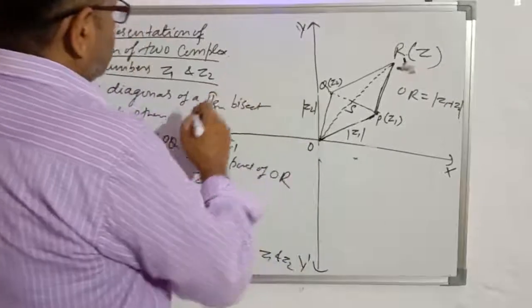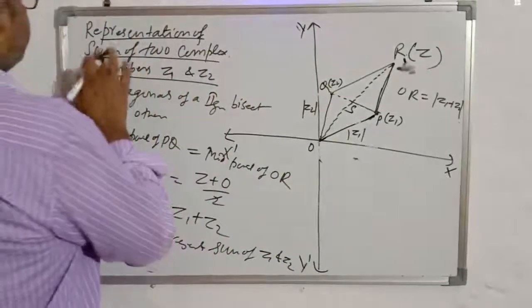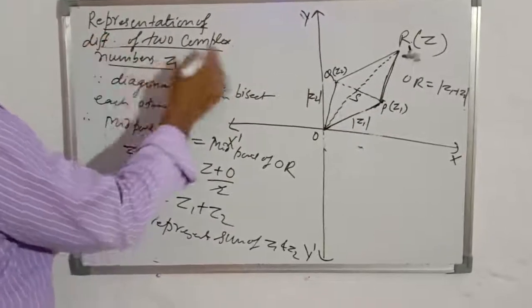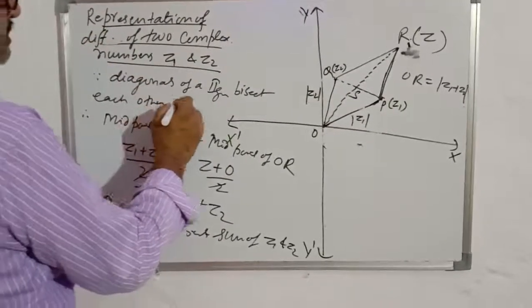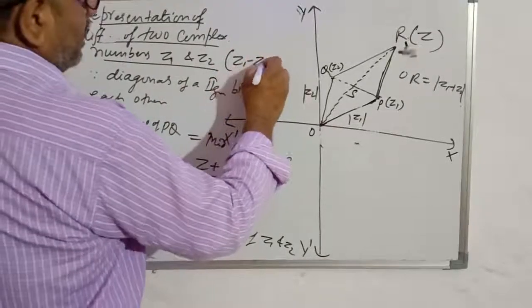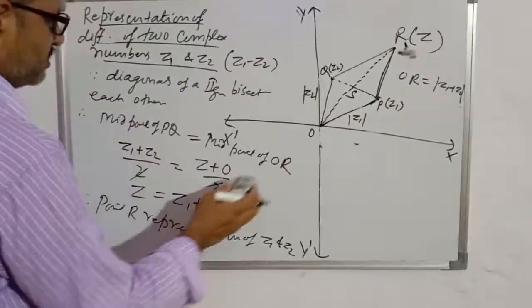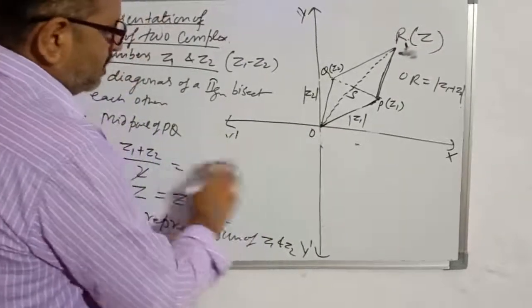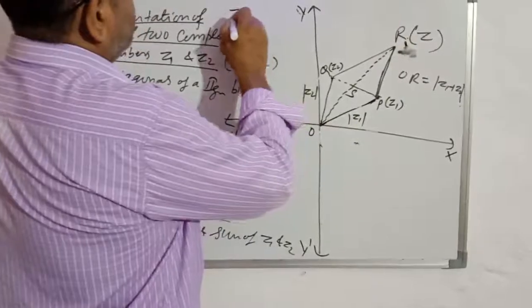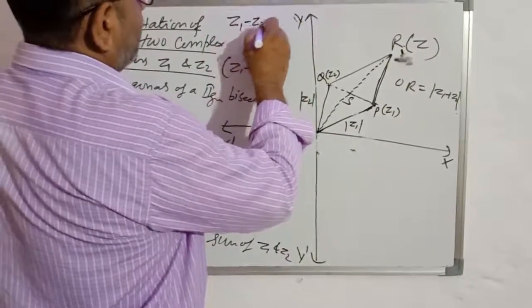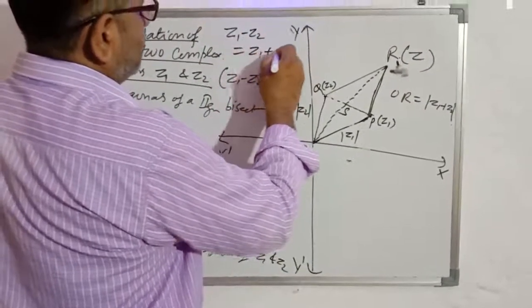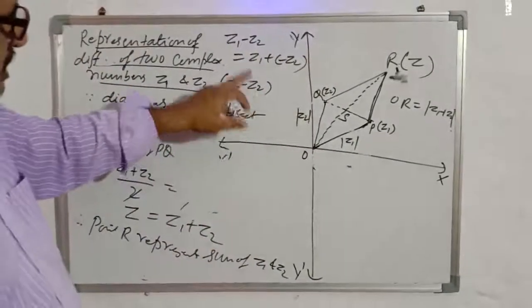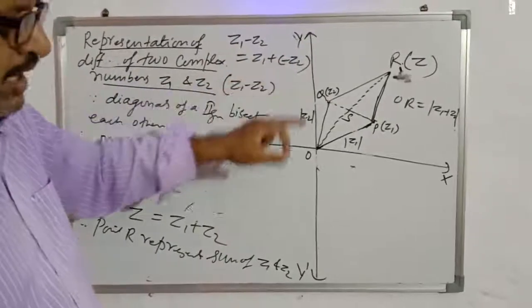We know that Z1 minus Z2 can be written as Z1 plus (minus Z2).